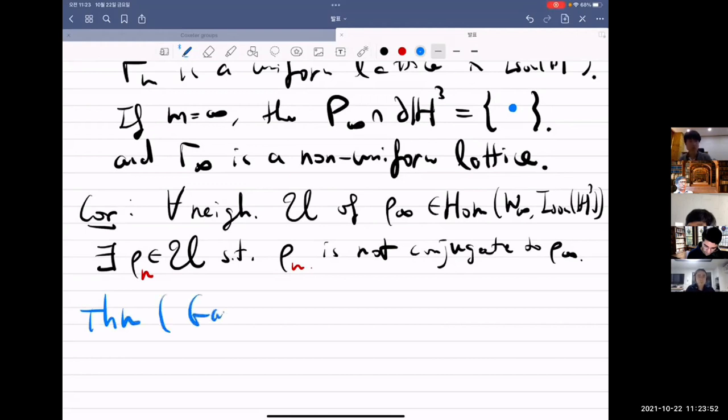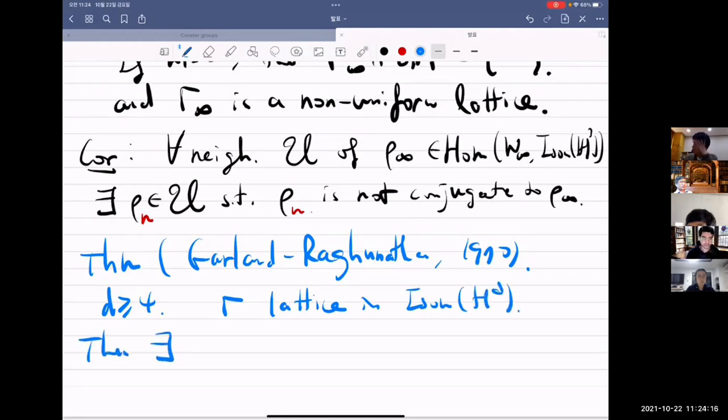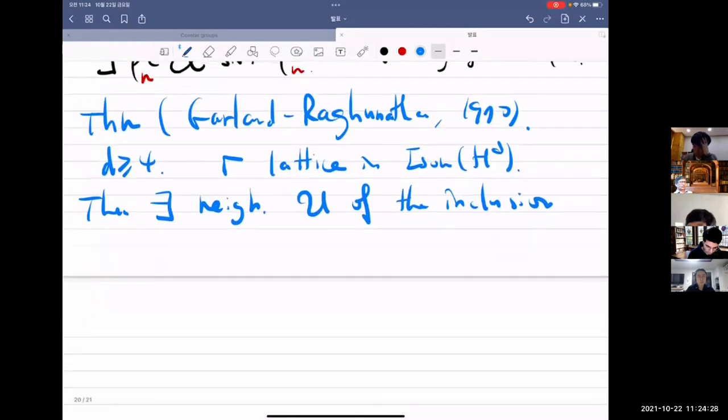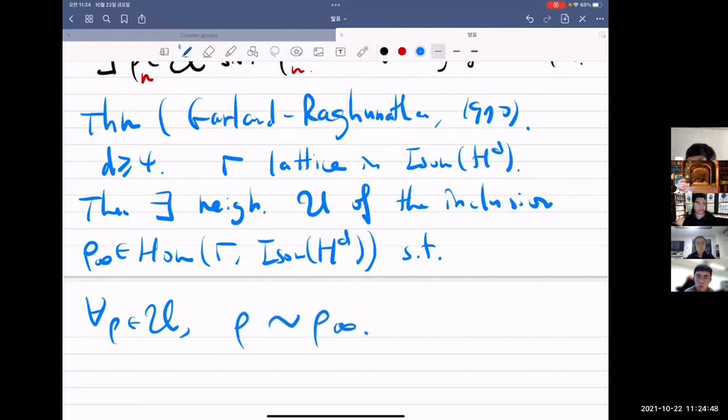The theorem: if D is bigger than or equal to 4, and Gamma is a lattice in the isometry group of H^D, then there is a neighborhood U of the canonical inclusion rho_infinity in Hom(Gamma, isometry group of H^D), such that every representation rho in U is conjugate to rho_infinity.